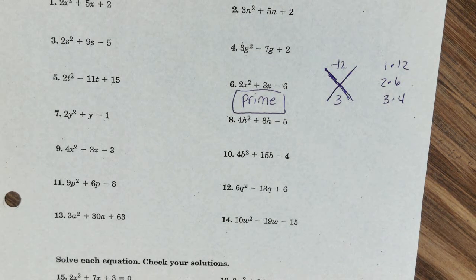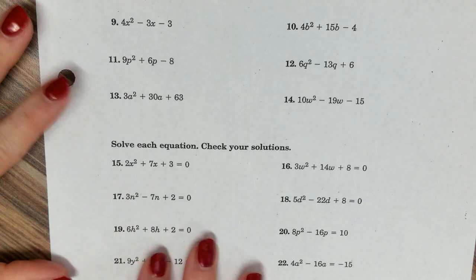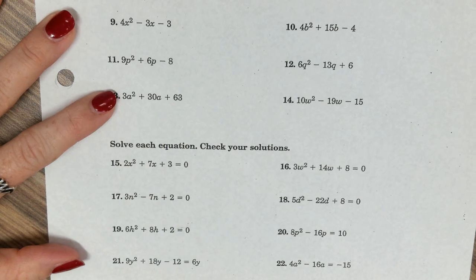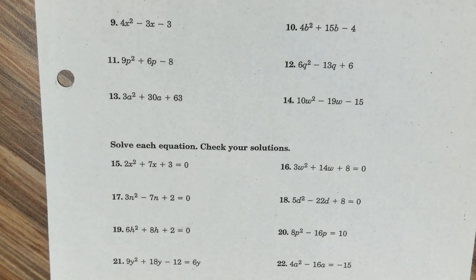Okay? I also want to do number 13 with you because I haven't taught y'all this yet and it wasn't on your notes. So let's go do number 13. And I think this is the only one like it. Let me look. Yes. And we'll get into this later. But everybody look at number 13. Do y'all remember when I taught y'all the greatest common factor and we had to pull it out?